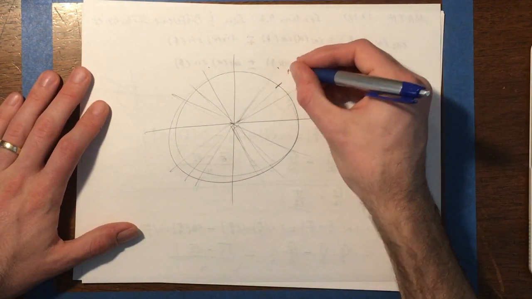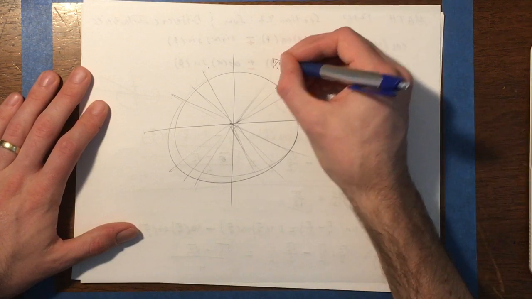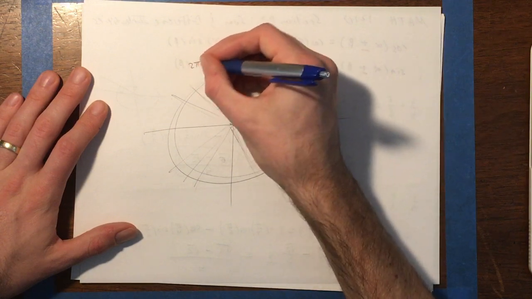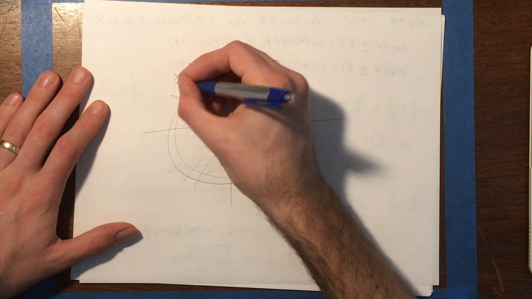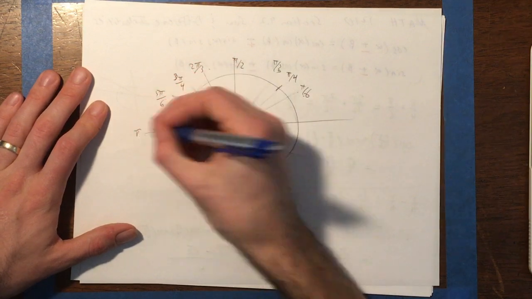Let's put what we've got here: pi over 4, pi over 6, pi over 3, pi over 2, 2 pi over 3, 3 pi over 4, and 5 pi over 6, and pi, and that's as far as I'll go.